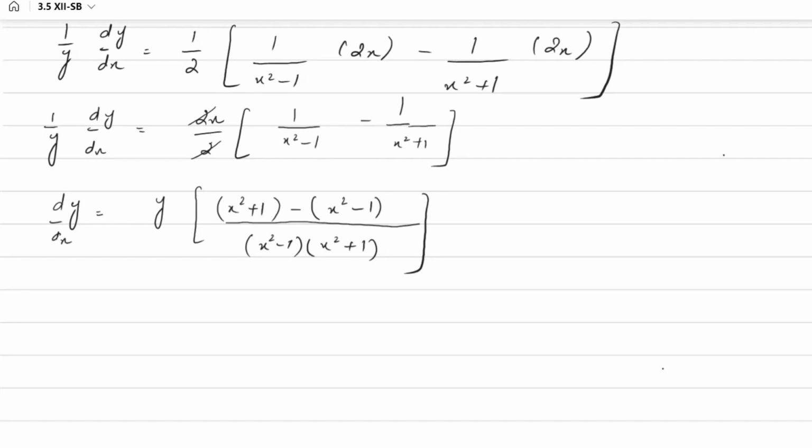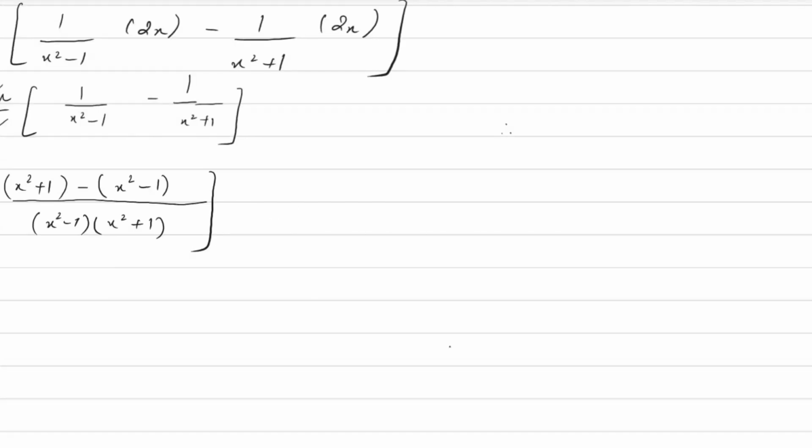So here just note down that whenever we are having, for example, 5 upon x minus 6 upon y, and we are going to take LCM of this, both x and y will be coming. So in the first term, x is cancelled with x, remaining will be y, and numerator is 5.